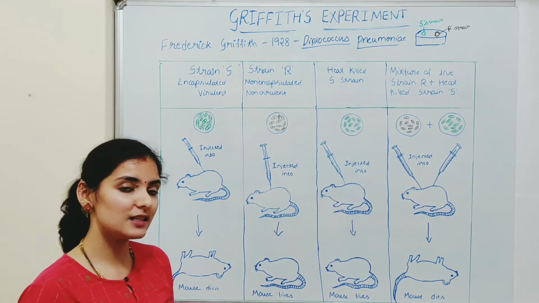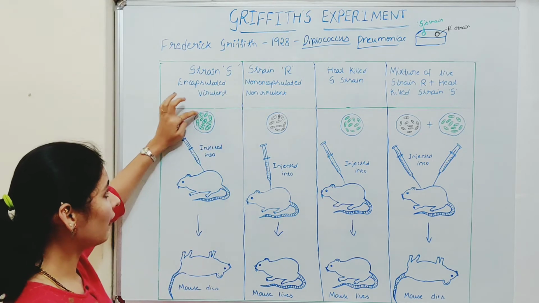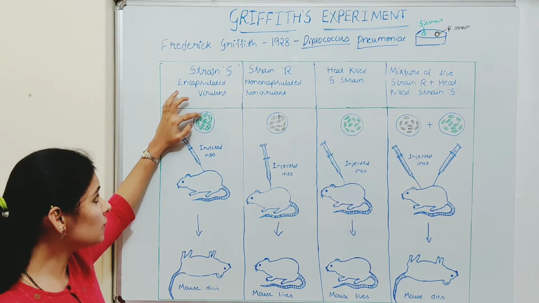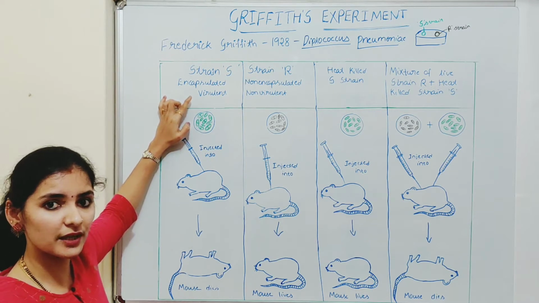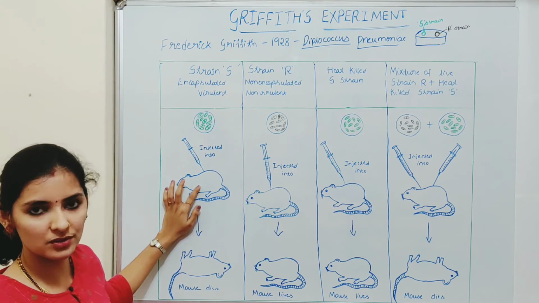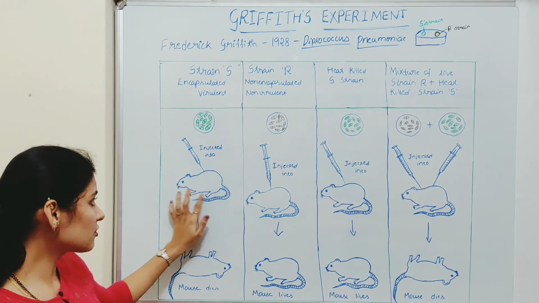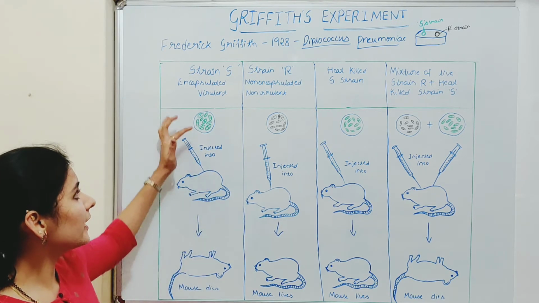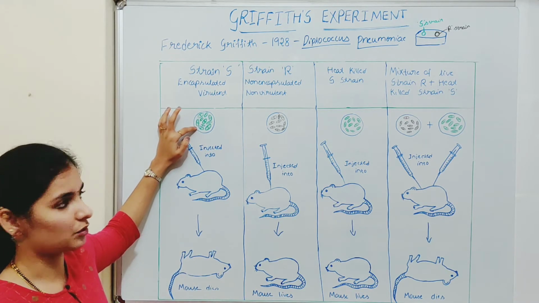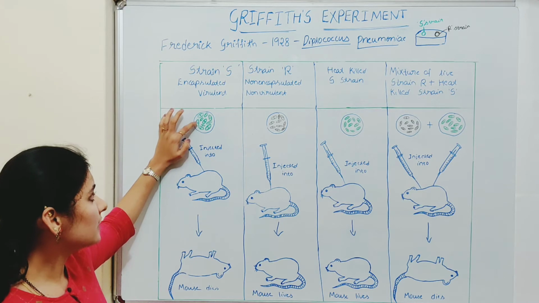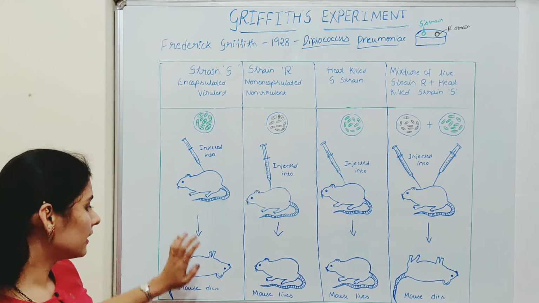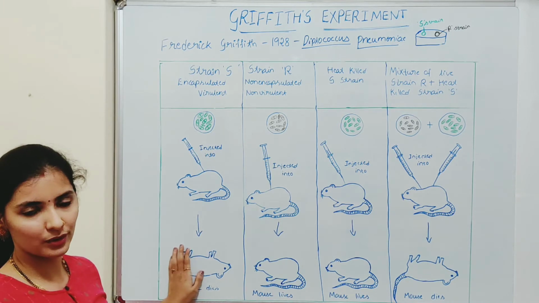What happens here is that the S strain has a mucin or polysaccharide coat. This mucin coat protects the bacteria from the host immune system. So the immune cells of the mouse cannot fight against this bacteria because of the mucin coat. Because of that, the S strain causes pneumonia and the mouse dies because of pneumonia.